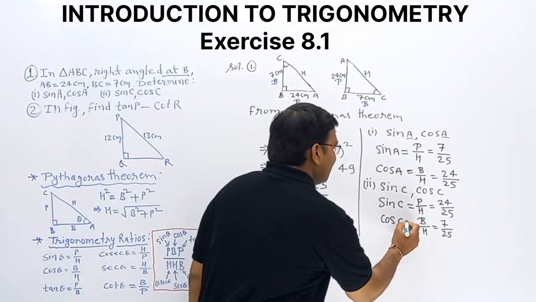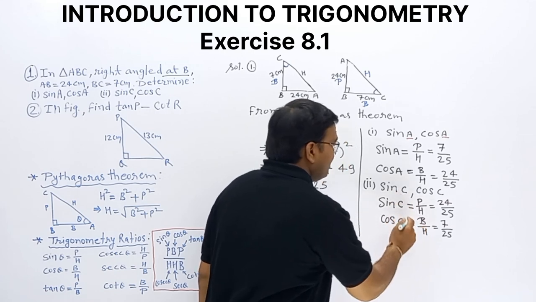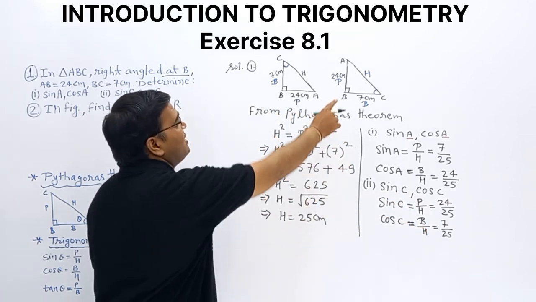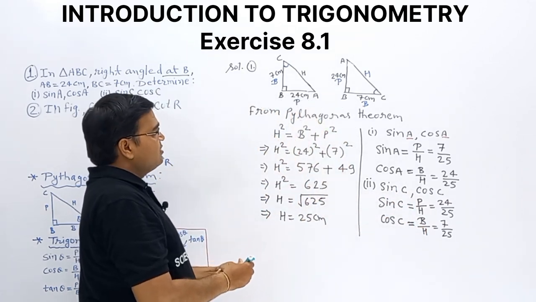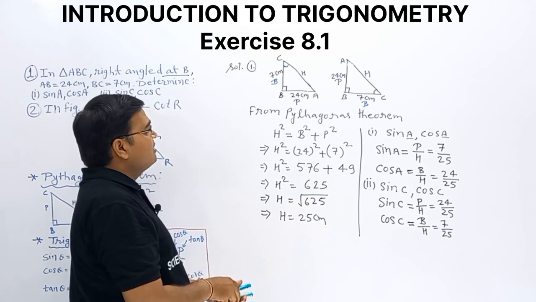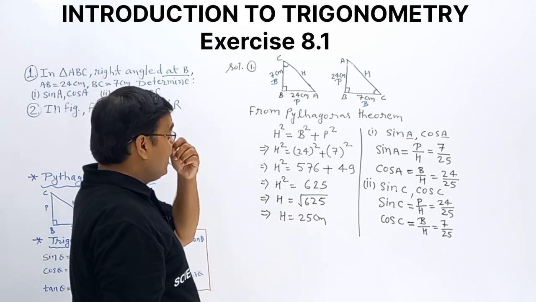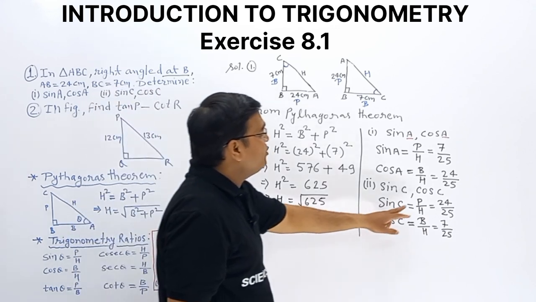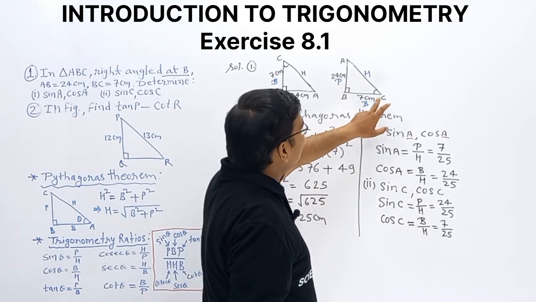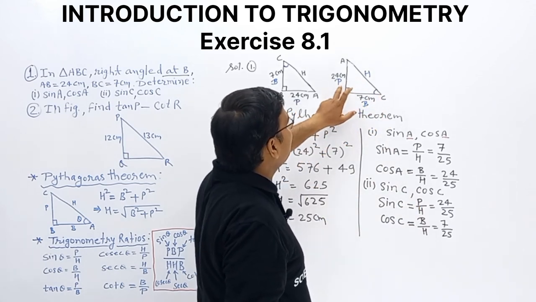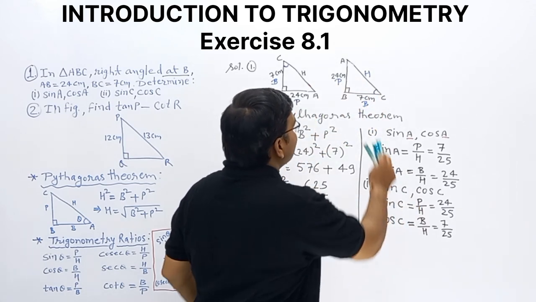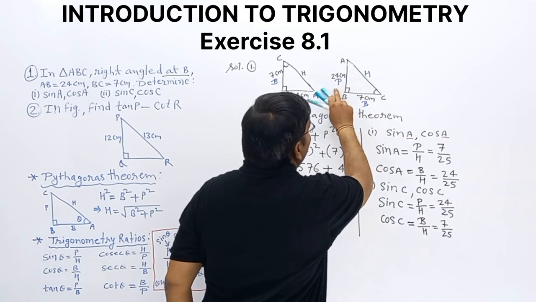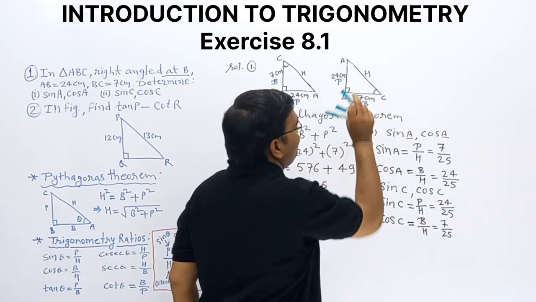Clear? Now we want to check the solution of both for this diagram. Yes. How will we check? Sin C. Sin C is what? P upon H. For this diagram, C is the acute angle. Its opposite is perpendicular, and its adjacent is the base.